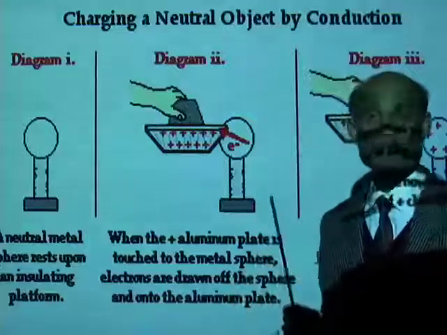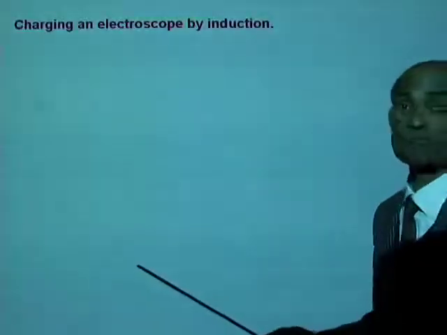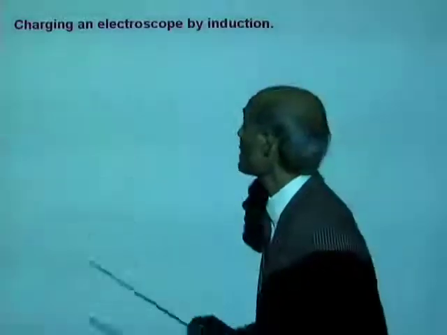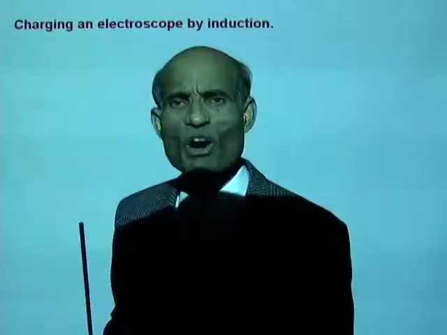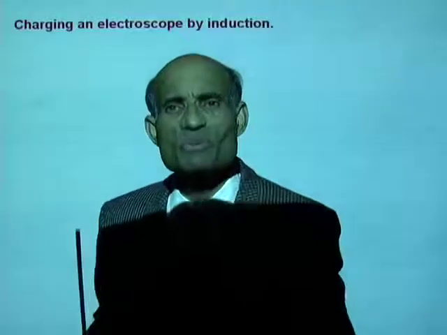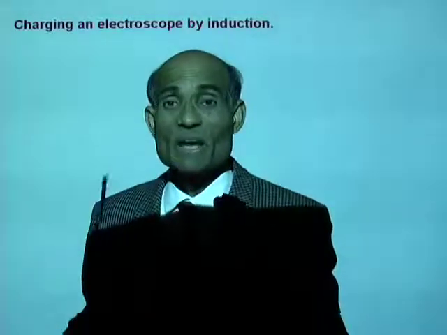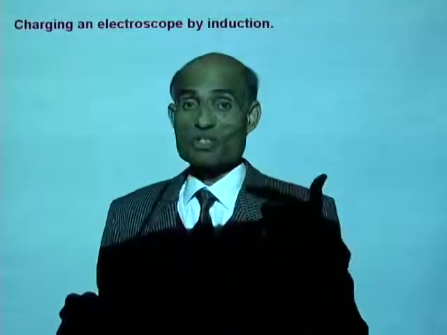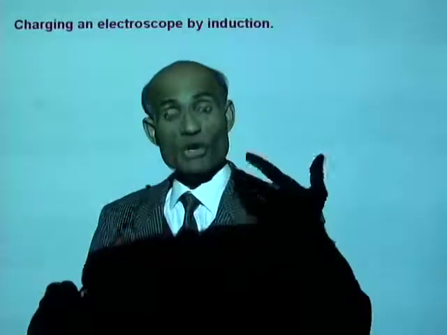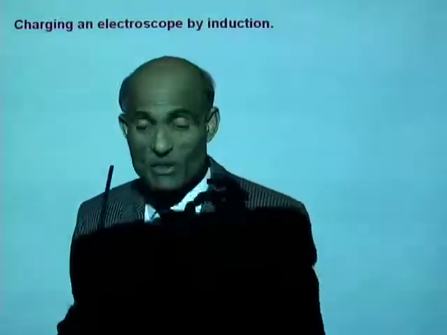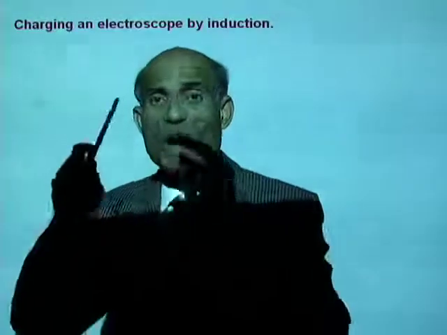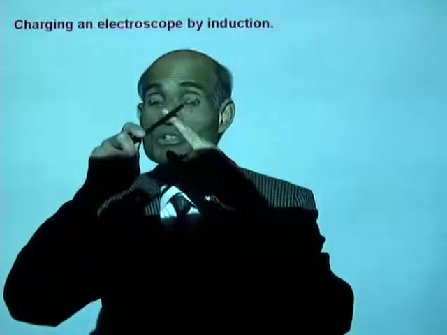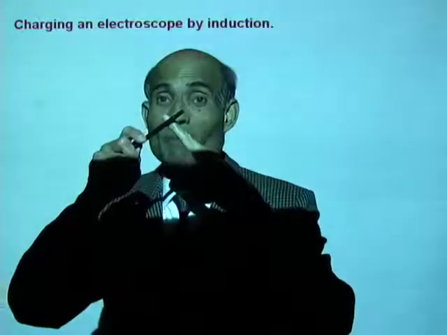either positively or negatively. Now, how do we charge an electroscope by induction? What is the meaning of induction? To induce. Now, in order to charge an electroscope or any other object by conduction, what we did is we placed the charged object in contact with the neutral conductor.